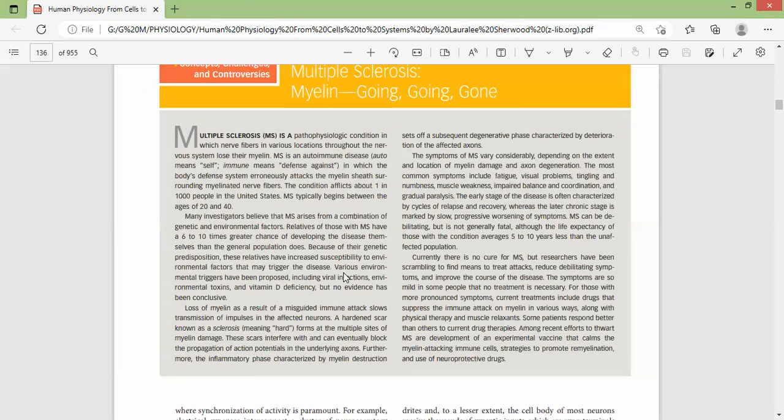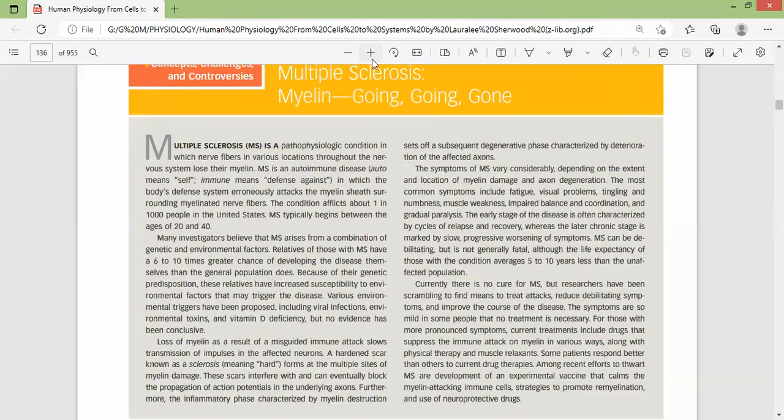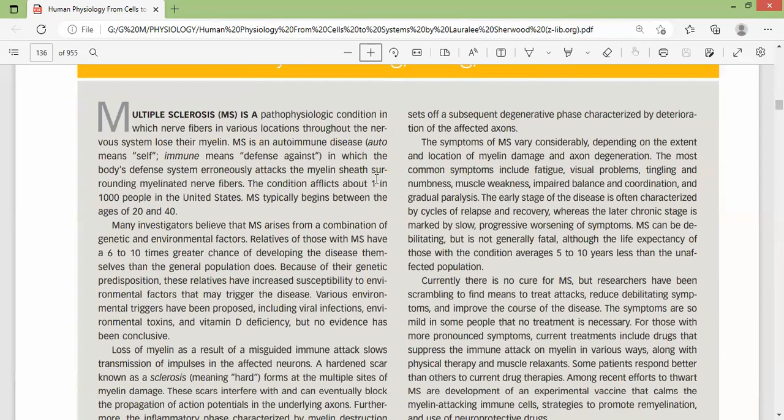Yeah. In multiple sclerosis there's a loss of myelin, because the immune system has attacked the cells producing the myelin sheath. So what you're saying is correct.